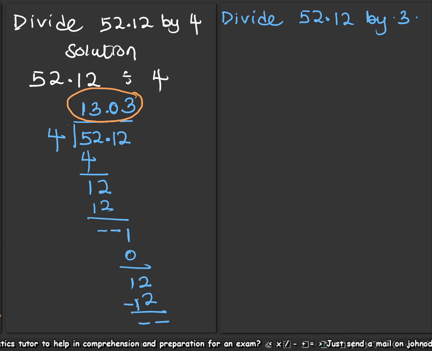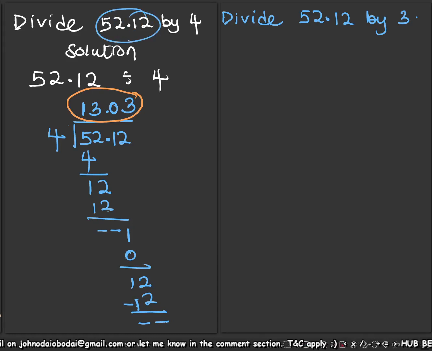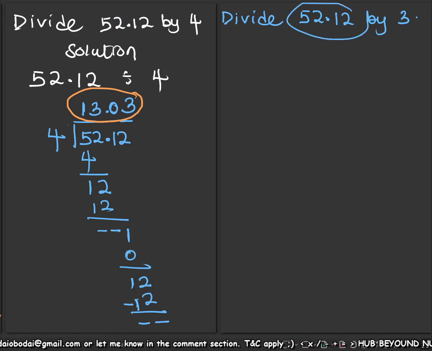Okay, so let's take this other question here and then see. We have 52.12 divided by 3. You see, this one is going to be a very special case because for this 52.12, we know that this number, even without the decimal, is divisible by 4. But that isn't the case here.